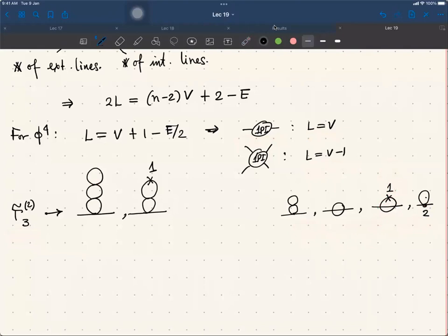Okay, so just like you replaced this loop by this one, you could also replace this bottom loop, because the bottom loop actually is a 4-point vertex. So this loop can be replaced by this, so that's also a valid diagram.